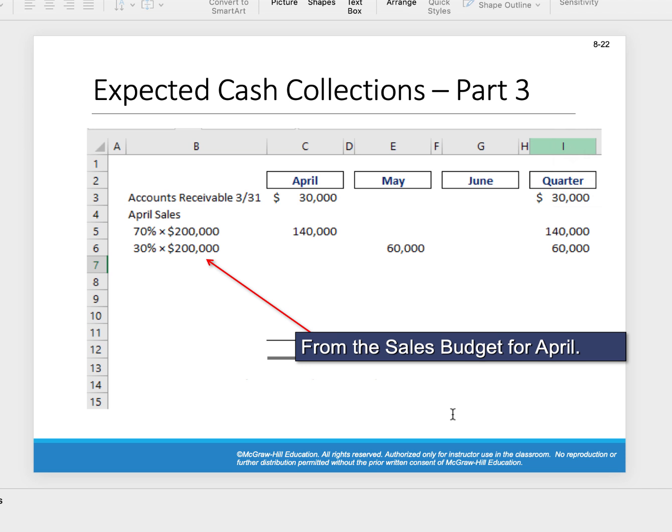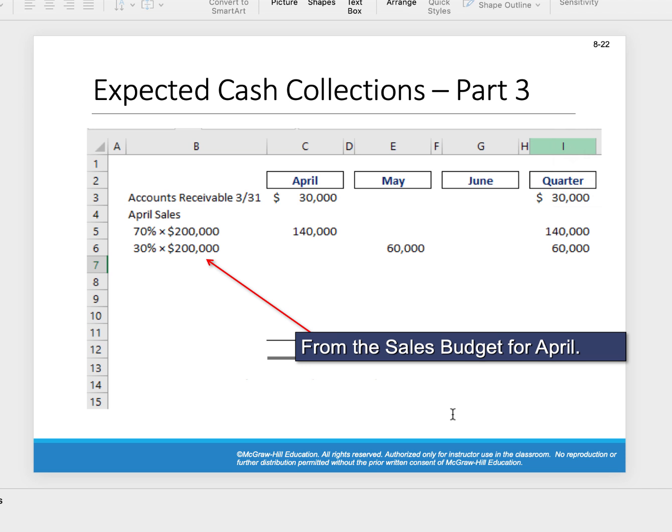But in the real world, you're going to look back at past experience and say, on average, we probably collect maybe 50% of a month's sales in the month, and the other 50% is collected in the following month. That could be a possibility. The point is, this 70-30 rule is just like they threw darts at a dartboard. How much am I going to collect in the month of the sale? How much am I going to collect after? In the real world, you look at what we have collected in the past.